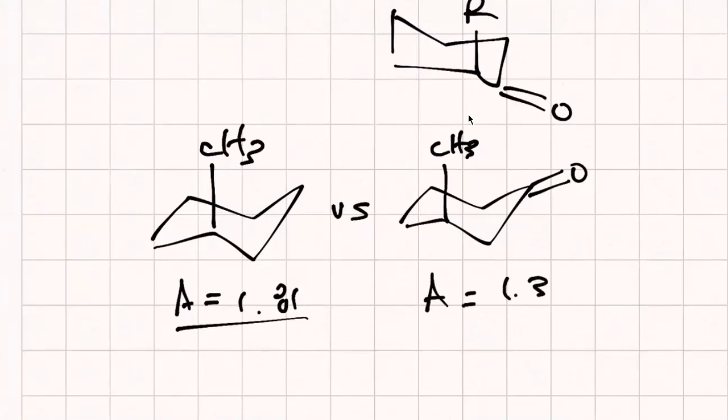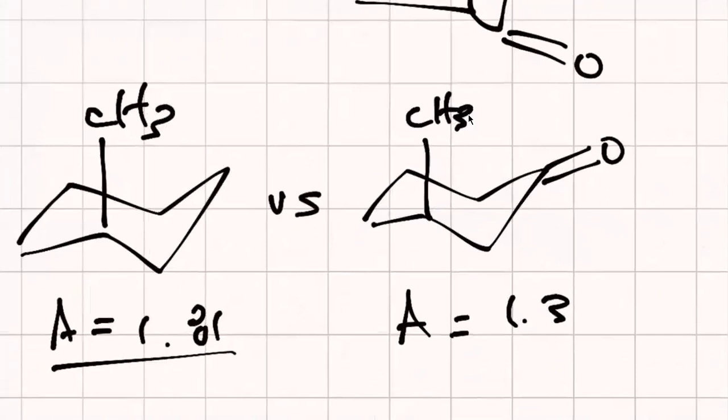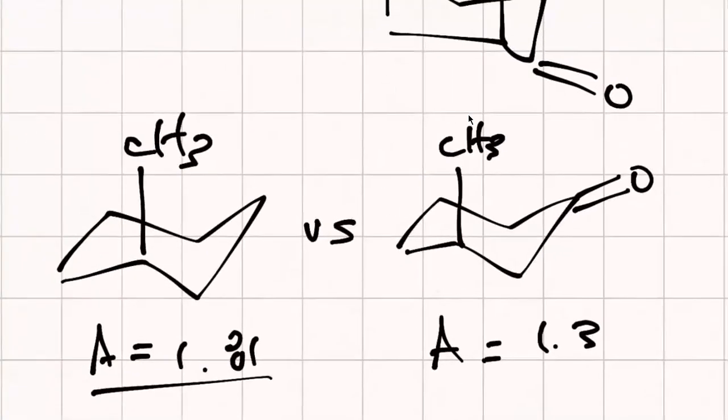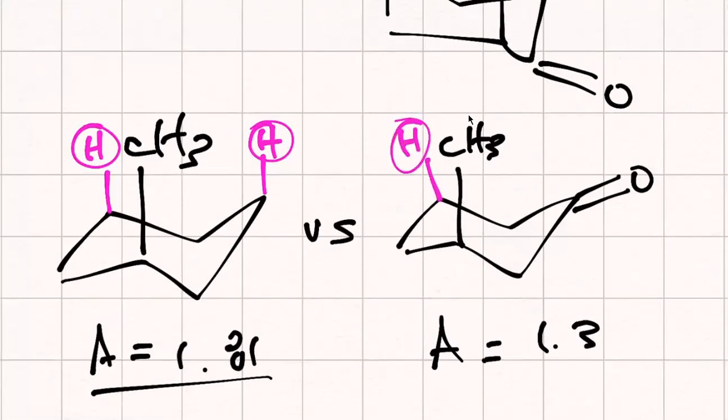If you think about it, you can see why. On this chair over here, you're going to get these two 1,3 diaxial interactions, one here and one here. On this chair, you have one 1,3 diaxial interaction, and the ketone is positioned away from the methyl group because of the geometry.